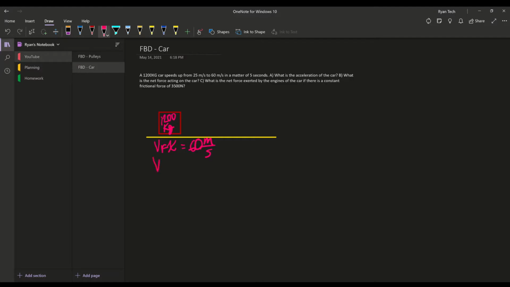And our V initial, horizontally, is equal to 25 meters per second. And our time, or elapsed time rather, is equal to 5 seconds.